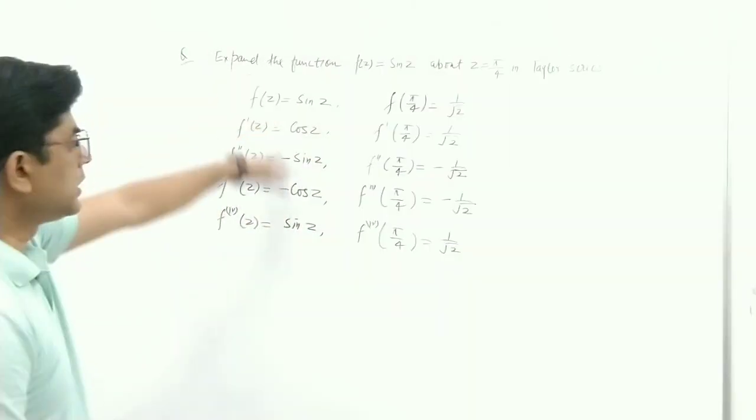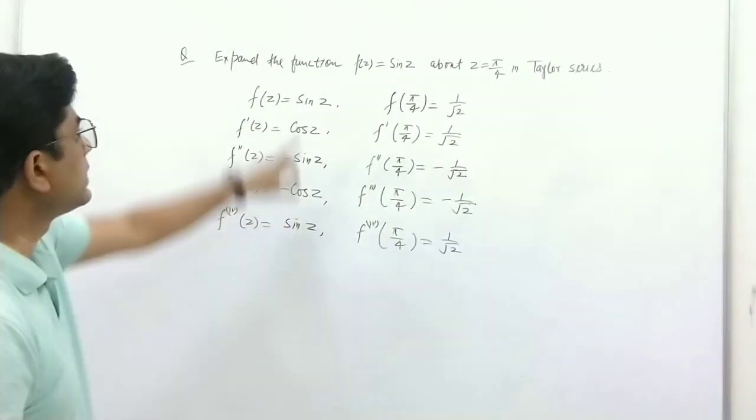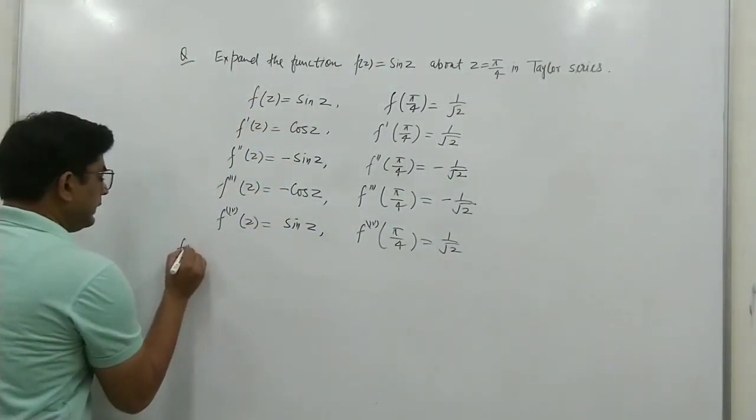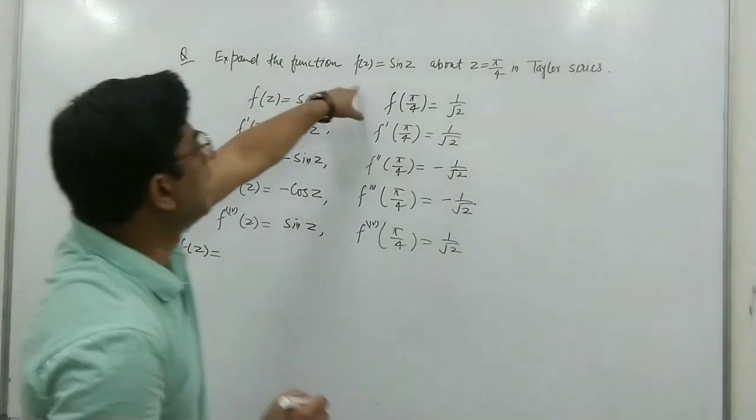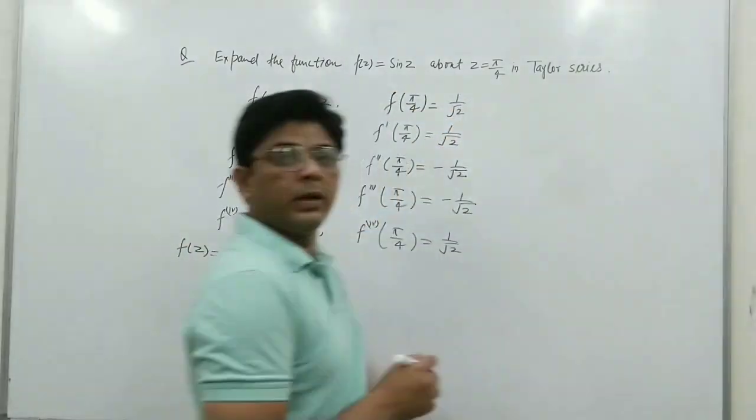Okay, so now we put all these values in the Taylor series. So we will write this Taylor series. Here we have to expand this function f(z) about the point z equal to pi by 4.